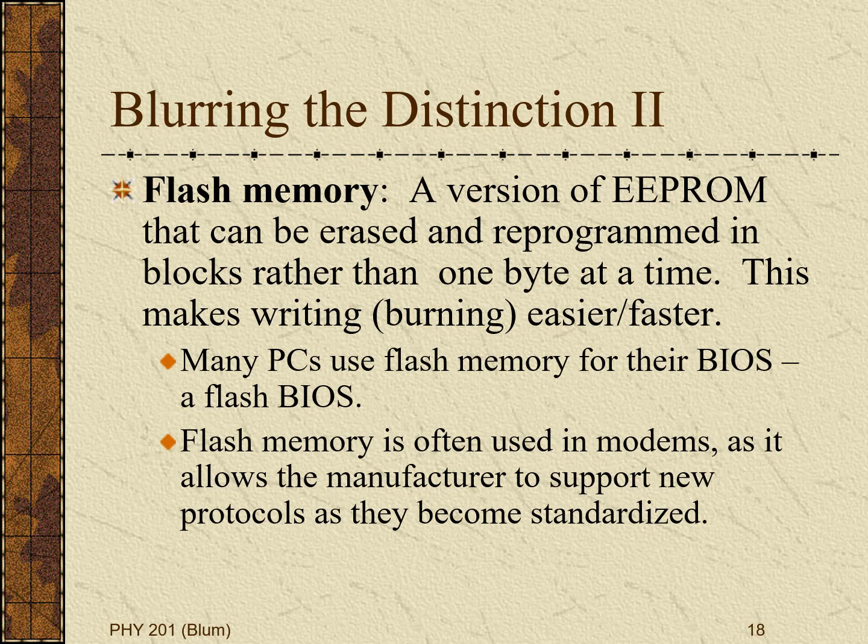So we have this permanent, non-volatile version of EEPROM, but it's easier to write to than older versions of EEPROM. It's ROM, but it's relatively easy to write. And so again, we're blurring the distinction.